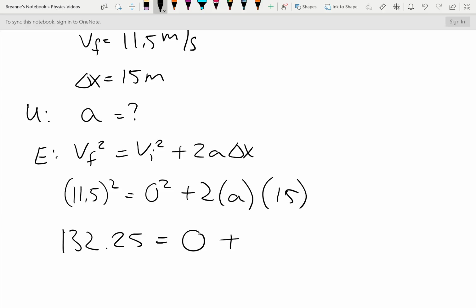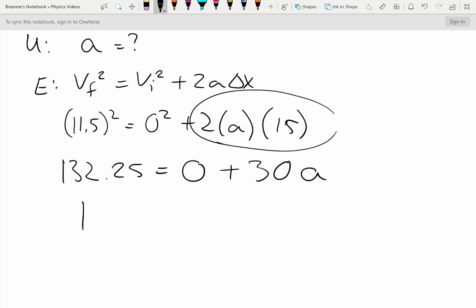And when you're multiplying, it doesn't matter what order you do it. So you can go ahead and multiply 2 times 15 and get 30 times acceleration. So you can maneuver this around. You don't have to go straight in order. Remember your PEMDAS, it doesn't matter what order you multiply or divide as long as you do it in that little area. So that 0 just goes away, so you're left with 132.25 equals 30 times acceleration.